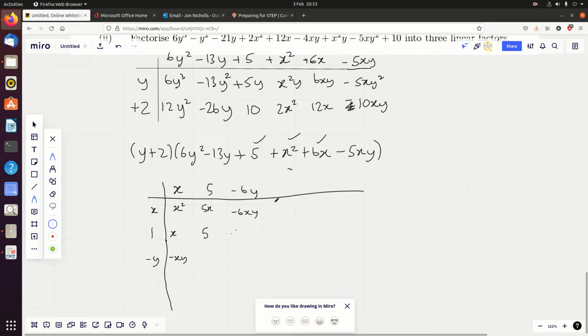I can't just change one of the signs. If I change this one to a plus to make it positive xy, it looks good now, but the problem is I get minus 6y squared there. So that's not going to be any good either. Bit of a shame. So back to the drawing board, I'm afraid.